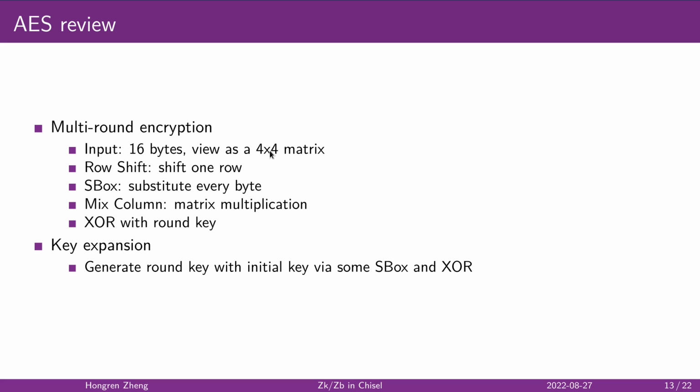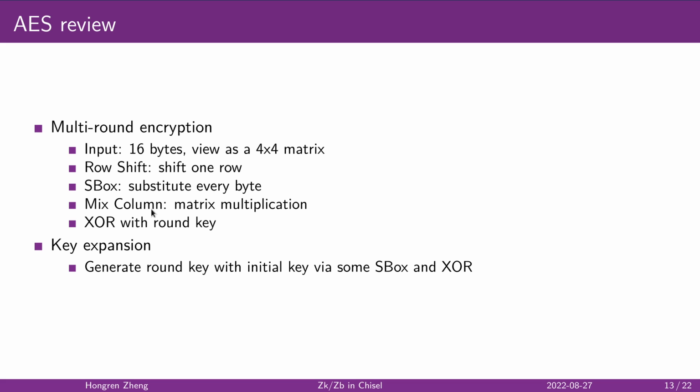Since it is a 2-dimensional matrix, we have rows and columns. The steps in AES are these. We first shift row 1 by 1, row 2 by 2, and row 3 by 3, then we do substitution, and later we mix columns in a matrix multiplication way.